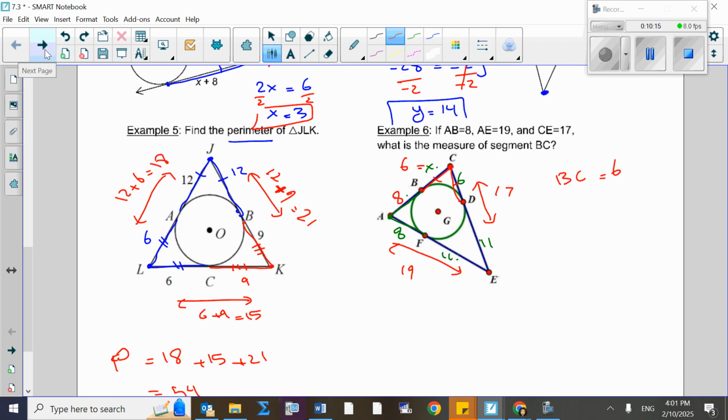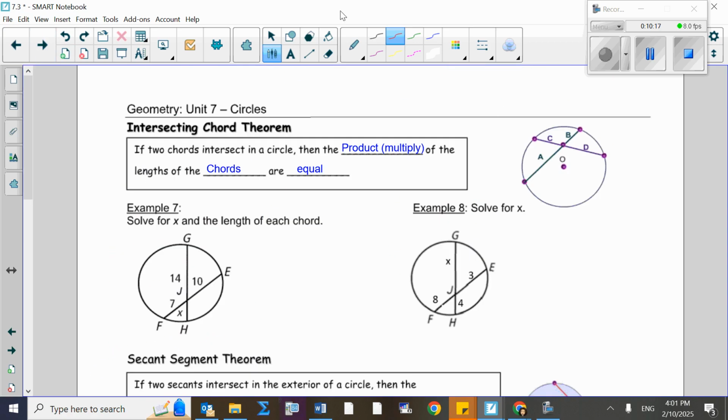Okay, let's go to the next part. Okay, the next theorem is about the intersecting chord theorem. You all remember what a chord is. If you draw one line that starts from one side of the circumference of the circle and ends on the other side, so the endpoints are basically on the circumference, that's called a chord.